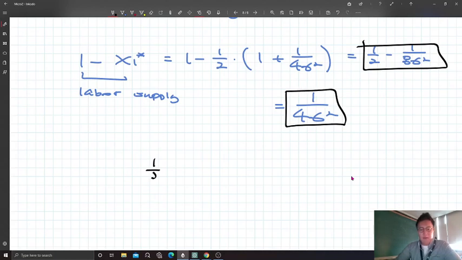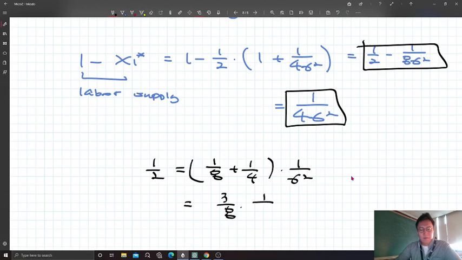Then 1/2 equals 1/8 plus 1/4 divided by 1/sigma squared, and this is 3/8, right?